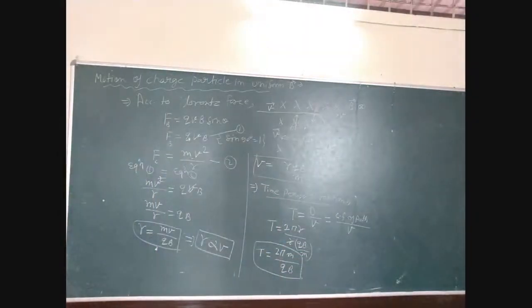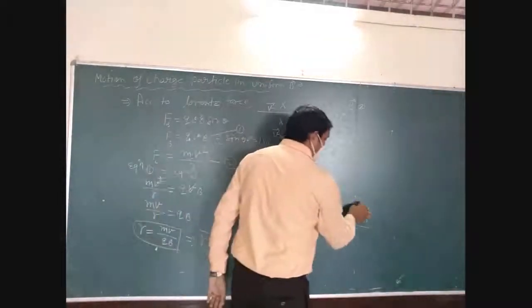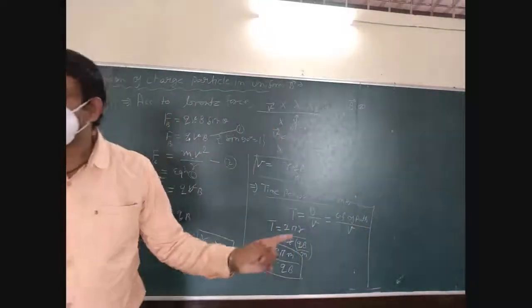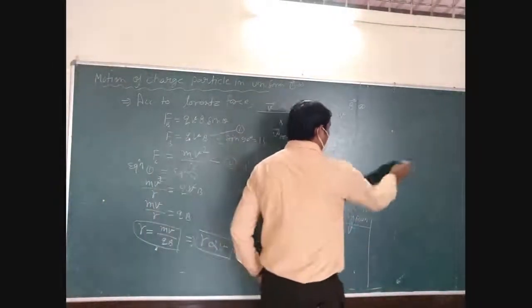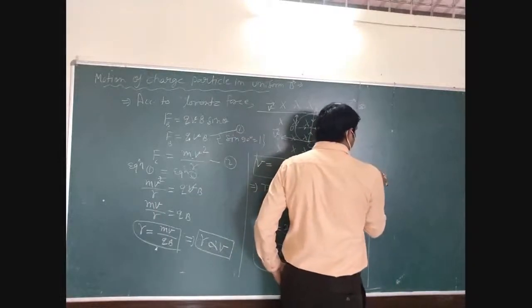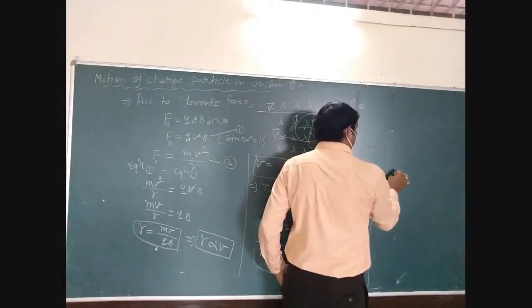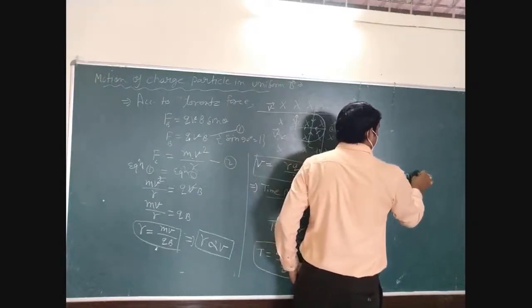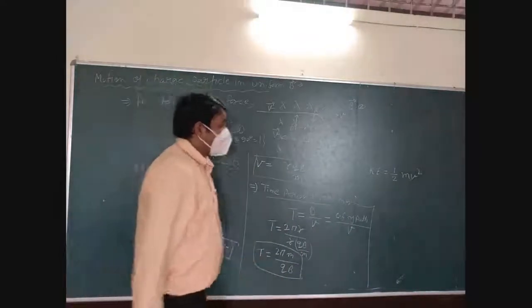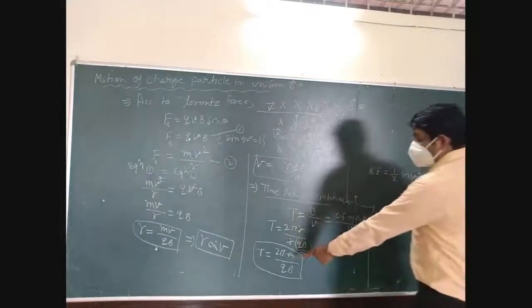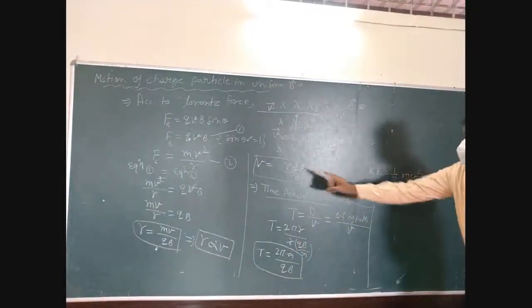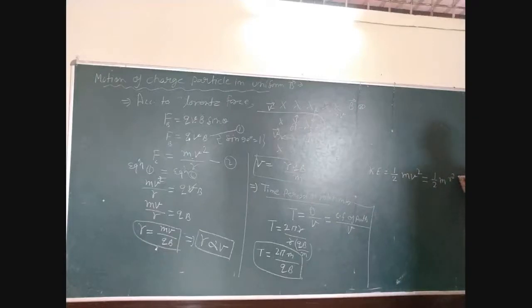Next, the energy gained by a particle when it is moving in the magnetic field is kinetic energy, which is half mv square. Putting the value of velocity, v is rqB upon m, so half m times r square q square B square upon m square.